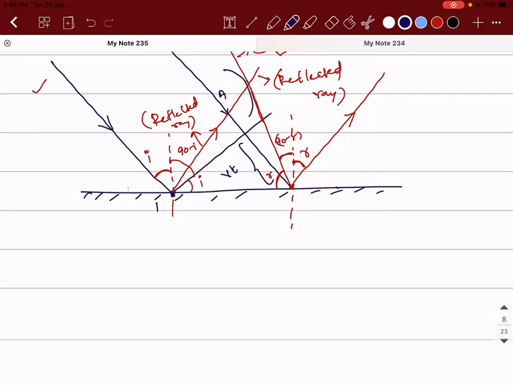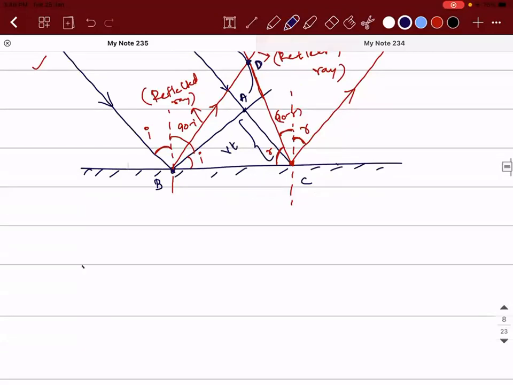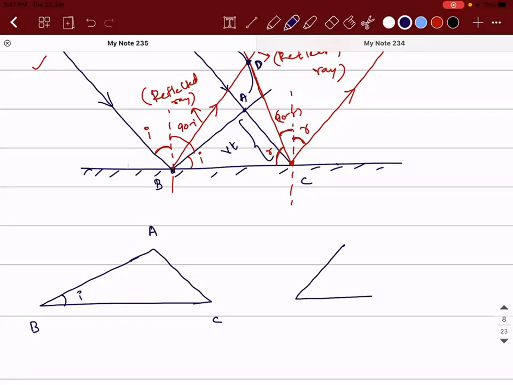If I take this point as A, this point as B, this point as C and this point as D. Okay, one minute, I need to take this point as A. So if I take the triangle ABC, and if I say this angle is i, and if I take the triangle DBC and if I say this angle is r.